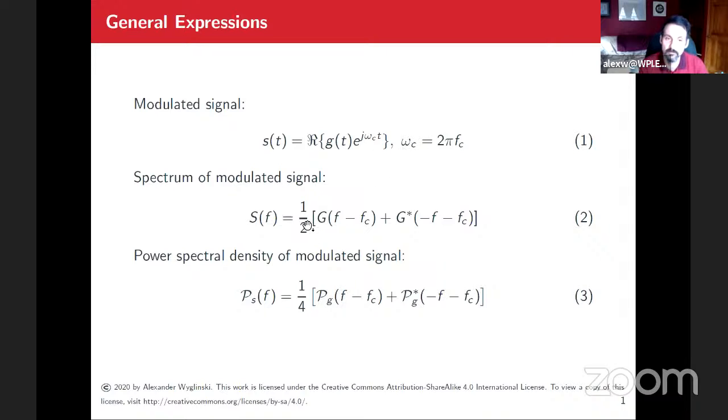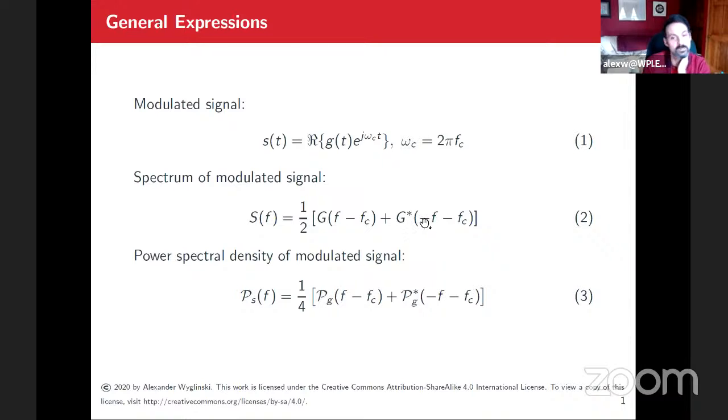So look at this. The spectrum, right? The spectrum here is there's going to be a shifted version of G of f that goes to FC. And there's going to be a complex conjugate version of that that's going to be shifted to minus FC.